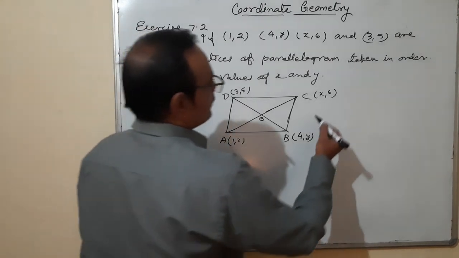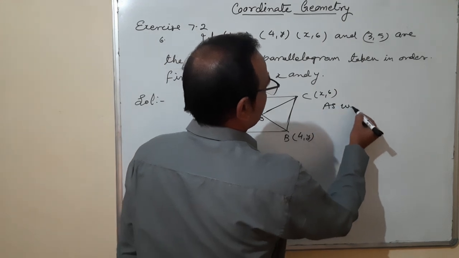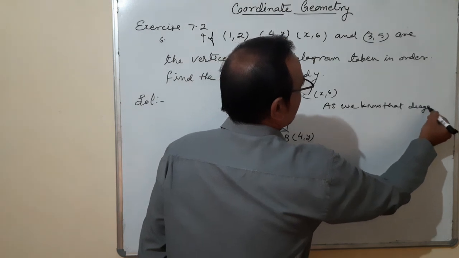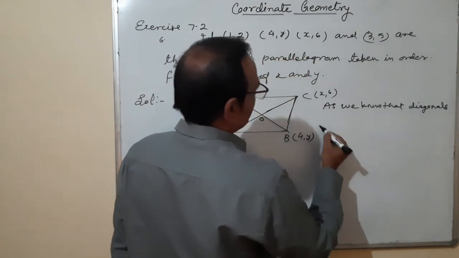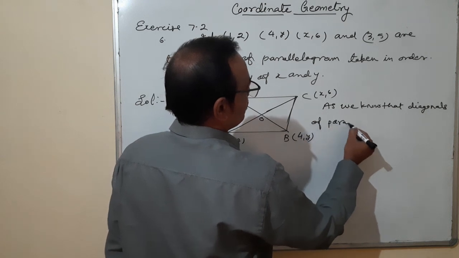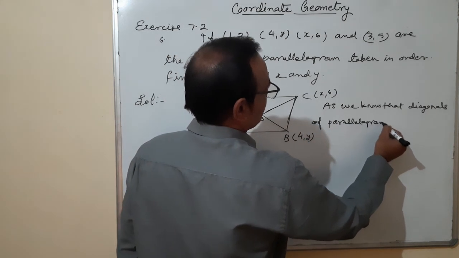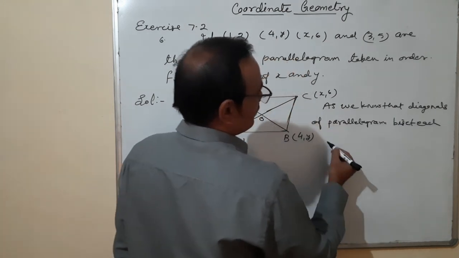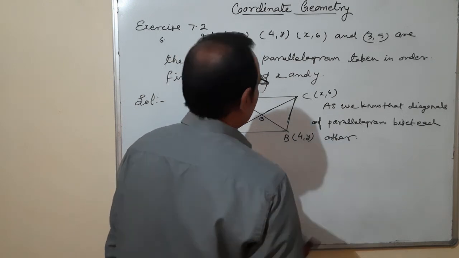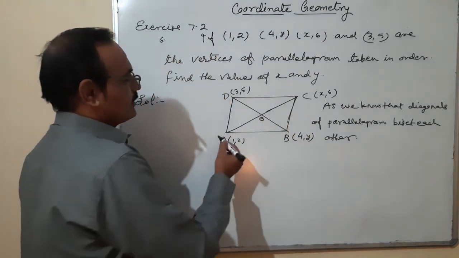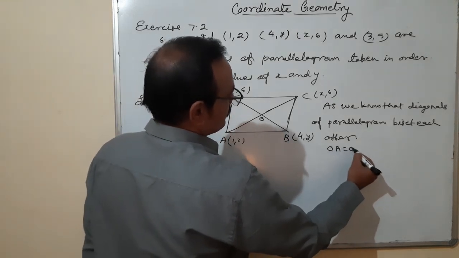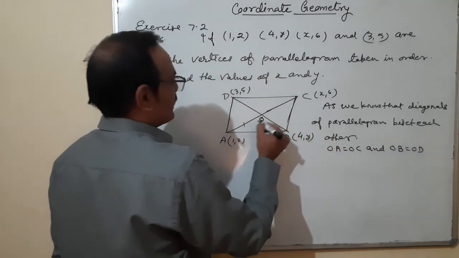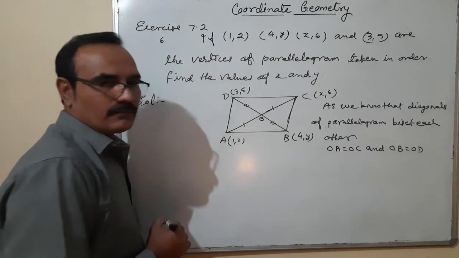As we know, the diagonals of a parallelogram bisect each other. That means OA is equal to OC and OB is equal to OD. Is that okay? They are equal. Got it?